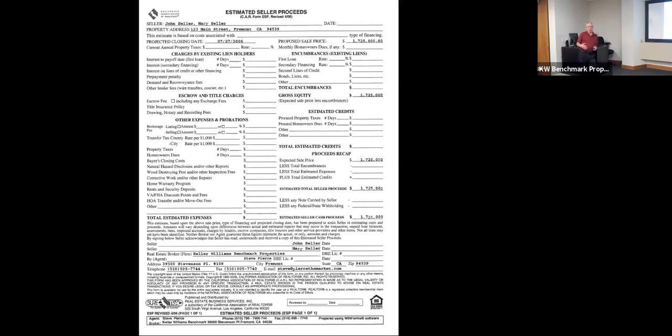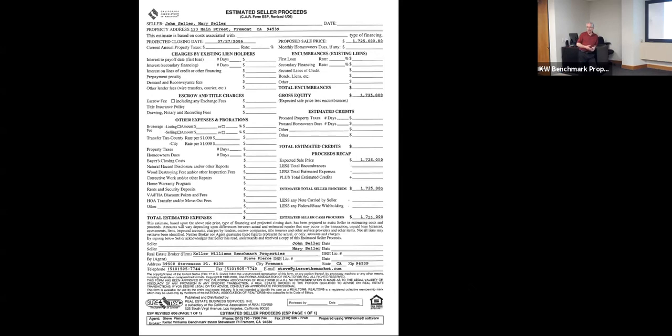So they don't really ask for what we call a net sheet, which is referred to as estimated seller proceeds.